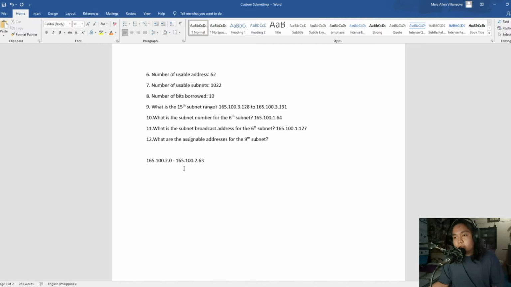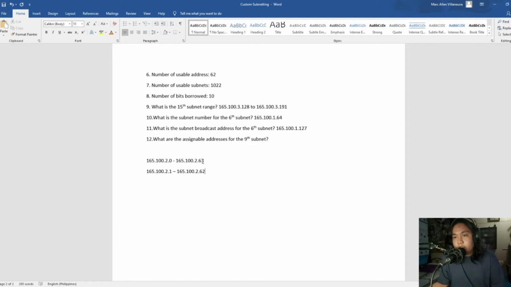If we look at the numbers in between them, the next one will be 165.100.2.1, right? That is the second after the first value. And the last one before the last value is 165.100.2.62.